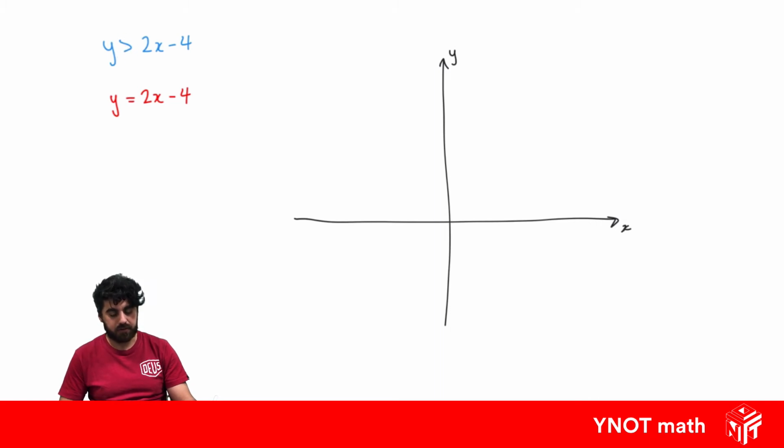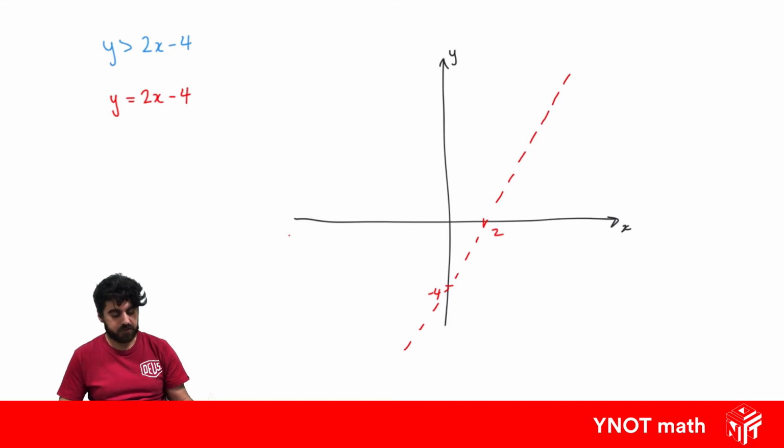So we're going to have a y-intercept of -4 and an x-intercept of 2 here. But when we draw this line, we have to do a dotted line because it's just a greater than symbol. So we get a dotted line.